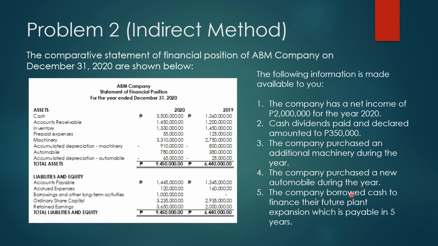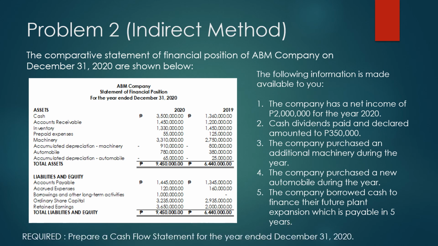Bumili rin ng sasakyan. The company borrowed cash to finance their future plant expansion, which is payable in 5 years. So, unang utang daw for future plant expansion. And payable in 5 years, so long term. Ano ba requirement? Required tayo to prepare a cash flow statement for the year ended December 31, 2020.